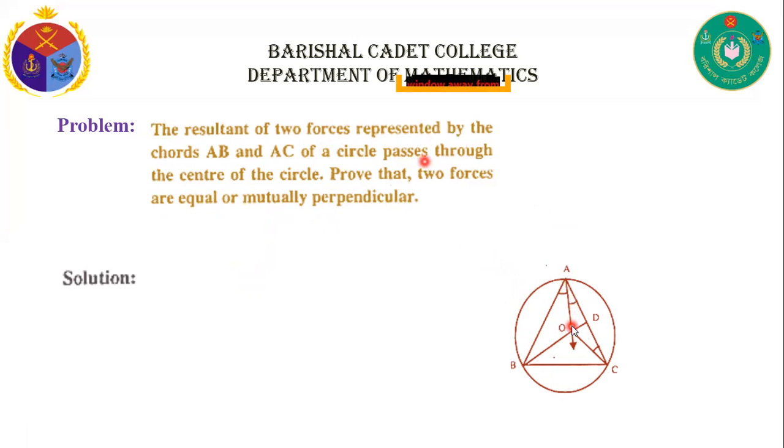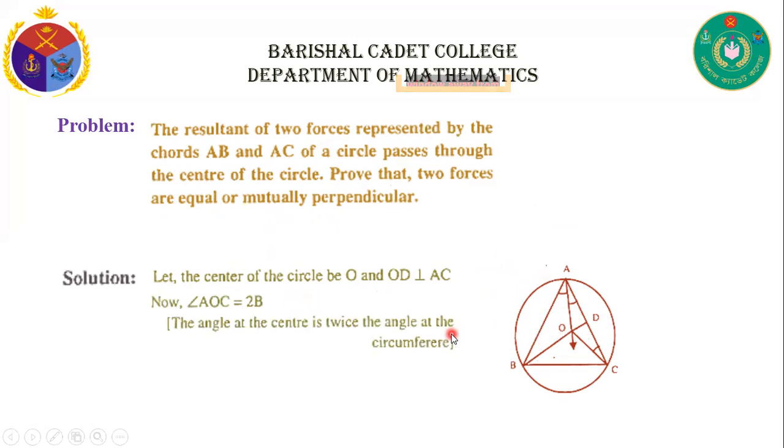So two forces pass through the center, and we have to prove that the two forces are equal or mutually perpendicular. Let the center of the circle be O, and OD is perpendicular to AC, and angle AOC equals 2B.